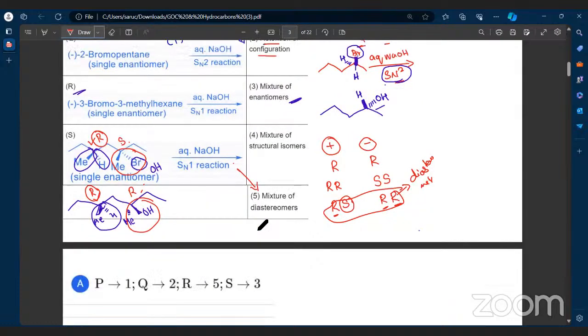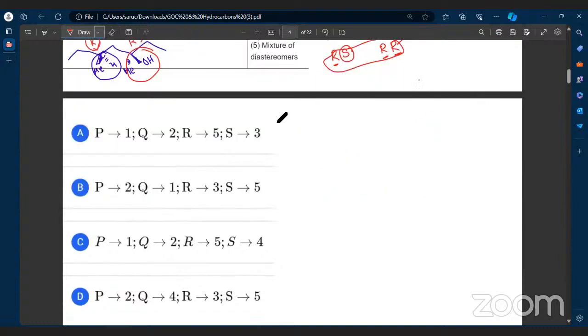Now I'll tell you how to find out the enantiomer and diastereomer. If you have two isomers and it has only one chiral carbon, so the number of chiral centers is 1, and if the first isomer has R configuration and the second also has R configuration, then they are said to be identical isomers or homomers.